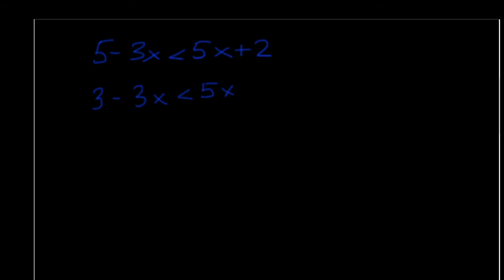And then I'm going to move the 3x over to the right-hand side by adding 3x. So when I do that, I'm left with 3 is less than 8x, and so x is greater than 3/8. So here I'm looking for all points that are greater than 3/8.